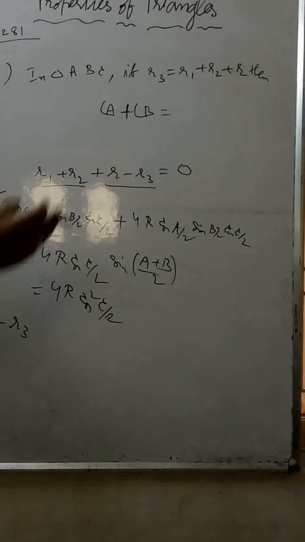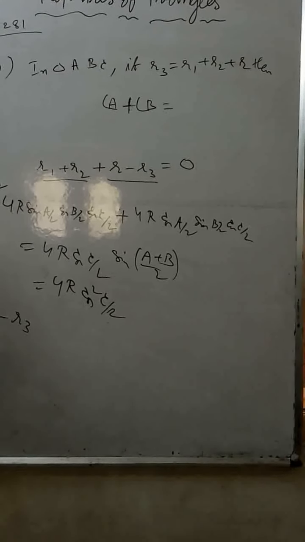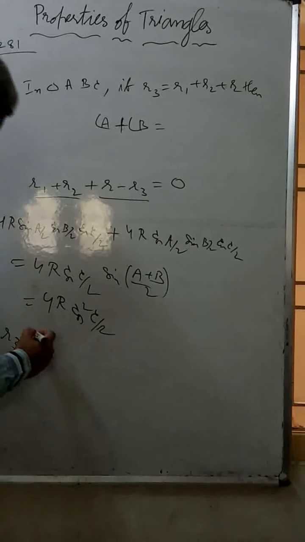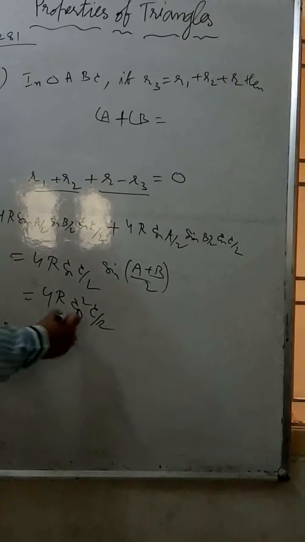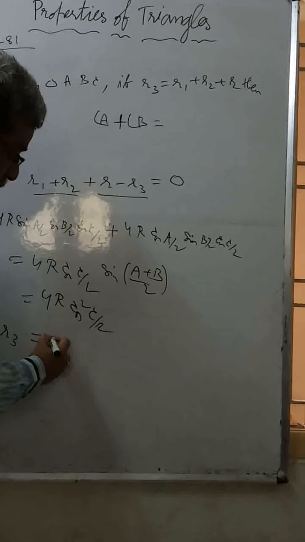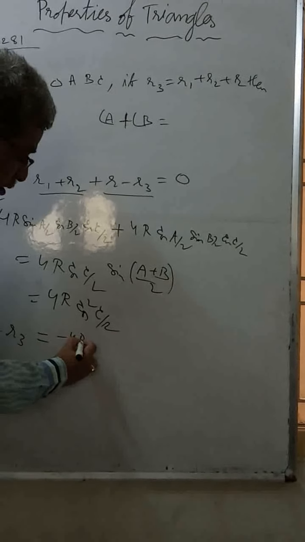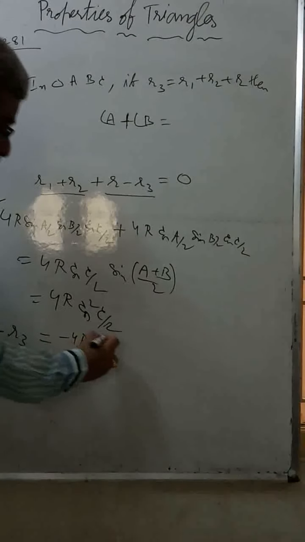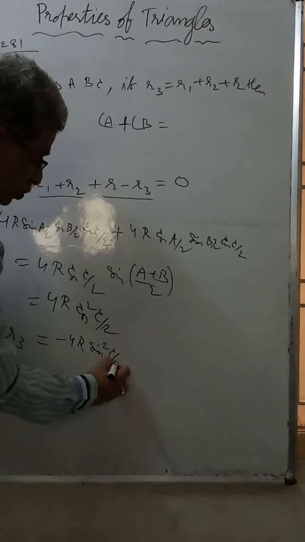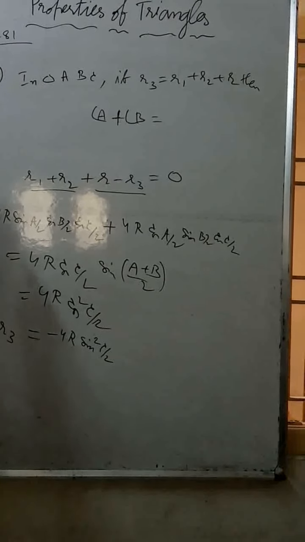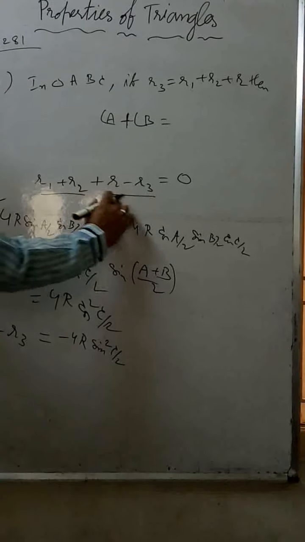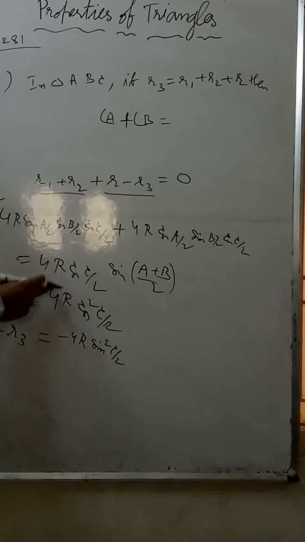Same, 4R sin C by 2 common, so cos of A plus B becomes sin C, sin of A plus B. So what I want to say is this is minus 4R sin square C by 2.